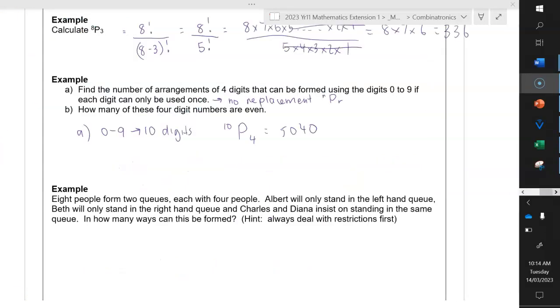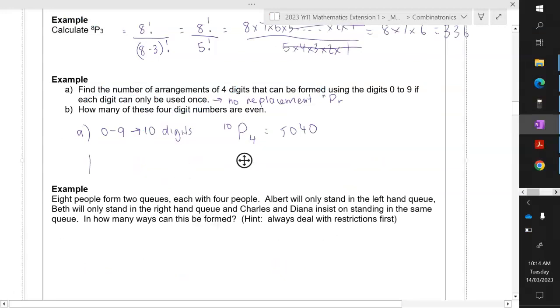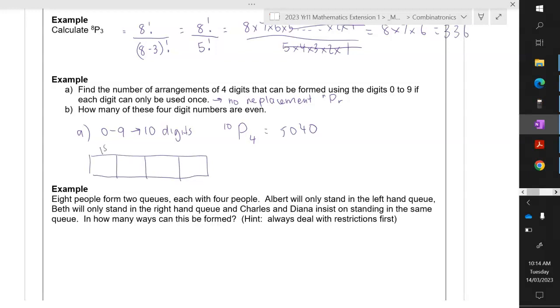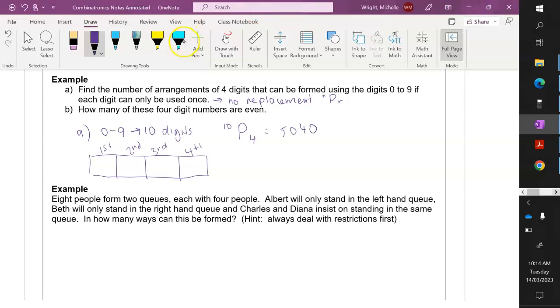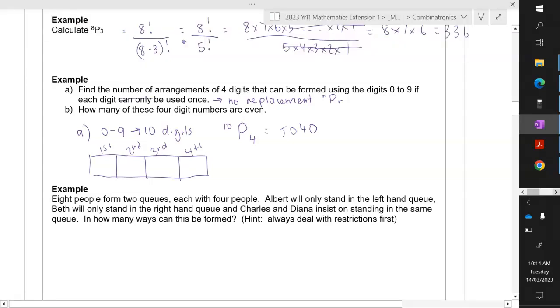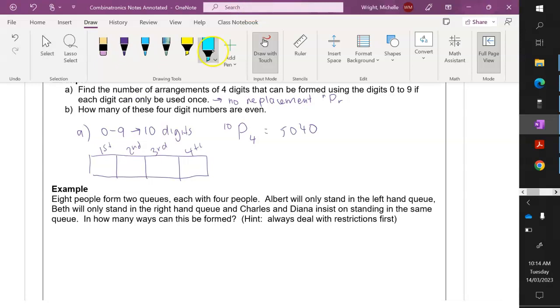Okay, so you could think of that question like that, but I want to think of it differently as well, because what we could think of it as, like we did above, is there's a 4-digit number. So I have my first digit, my second, my third, and my fourth. And it says in our question that each digit can only be used once. I want to highlight that so it's in our notes highlighted.